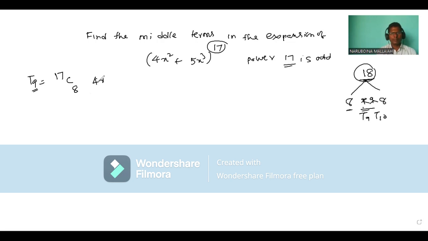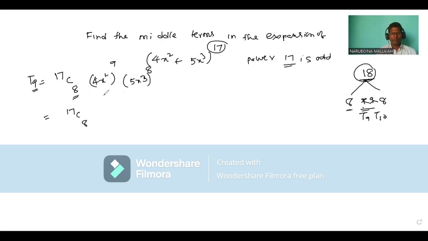First term is 4x square, second term is 5x cube, whole power. So after writing this, 17 minus 8, put 9 here, write this power 8 here. So this will be the ninth term, 17C8. If you are good at simplification, you can do it, or you can leave it like that only. You will get full marks.